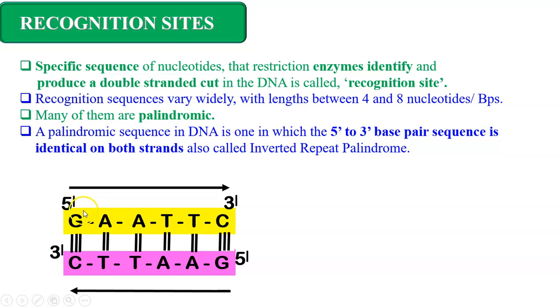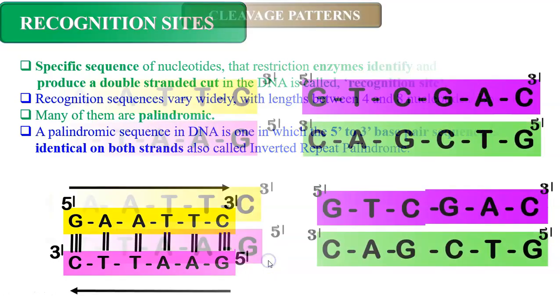What are the base pairs? Guanine, cytosine, adenine, thymine, and if we go on this strand 5' to 3', again guanine, cytosine, adenine, thymine. The same sequence of nitrogen bases from 5' to 3' direction on both strands is called a palindromic sequence. That is the peculiarity of recognition sites.